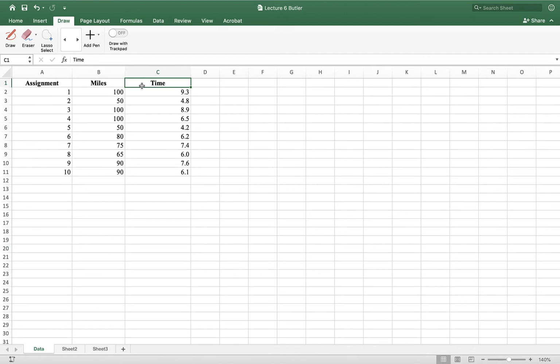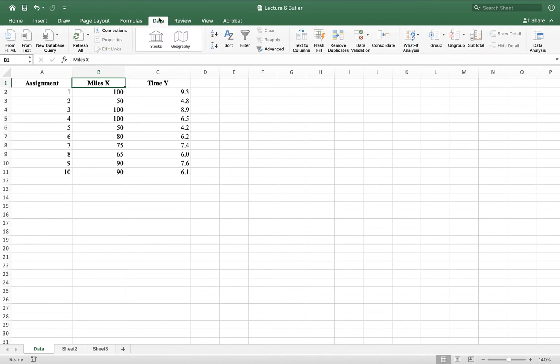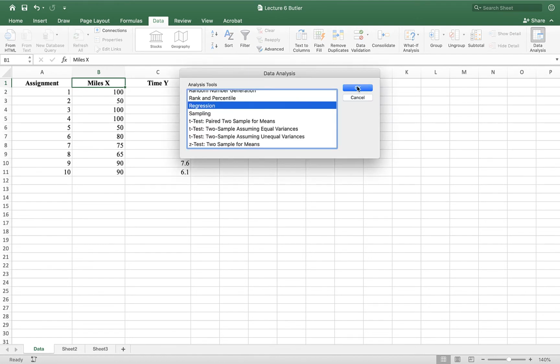The dependent variable was the time, and it takes the symbol y, because the time it takes to complete your deliveries depends on the miles you drive. So let's put the miles over here as x, the independent variable, and run that in data analysis.